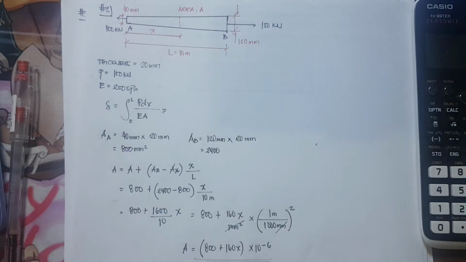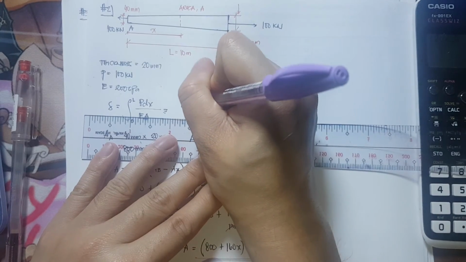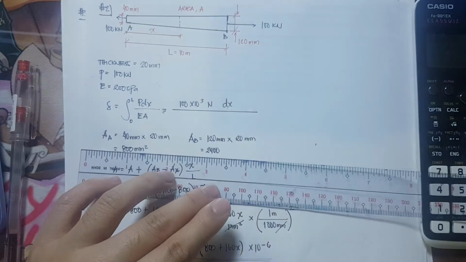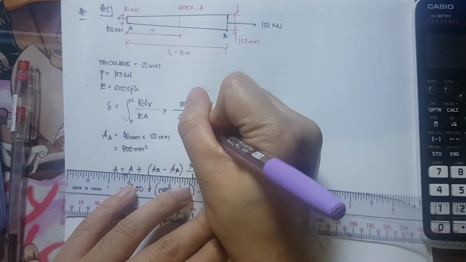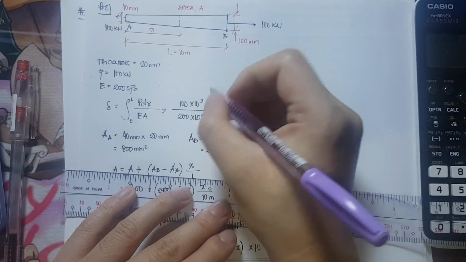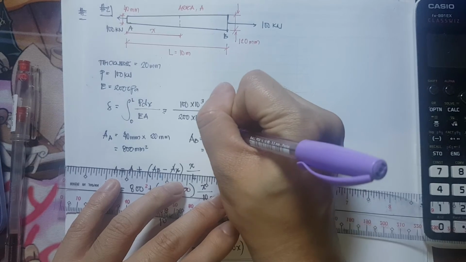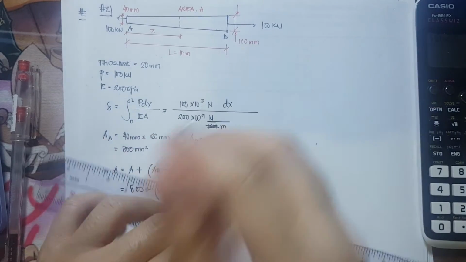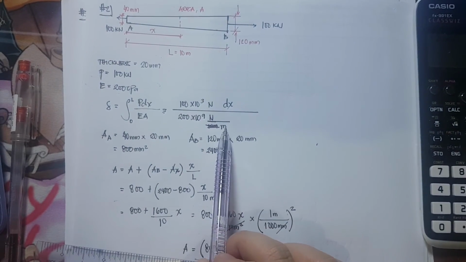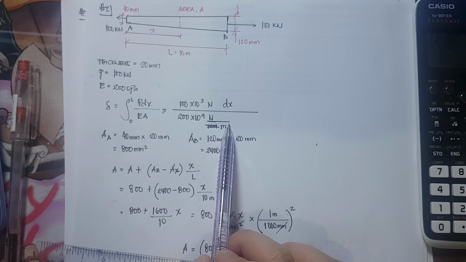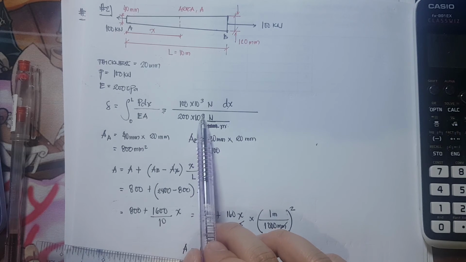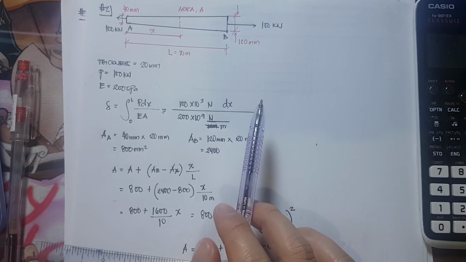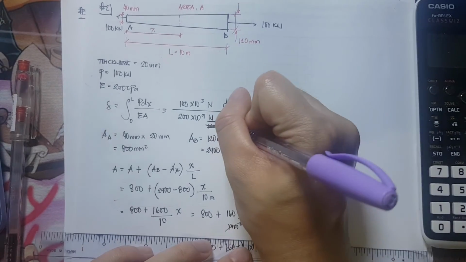P is 100 times 10 raised to 3, in newtons, with dx divided by E, which is 200 times 10 raised to 9 in newton per meter squared.